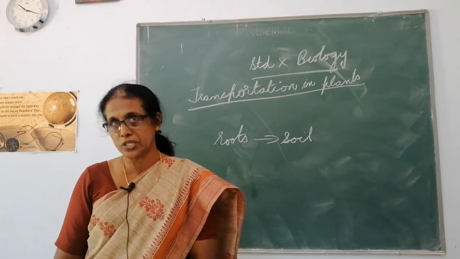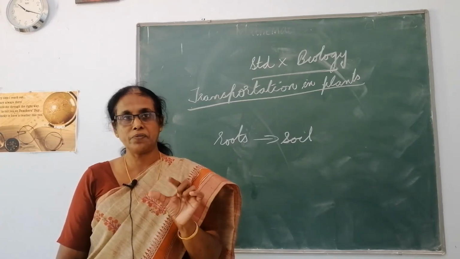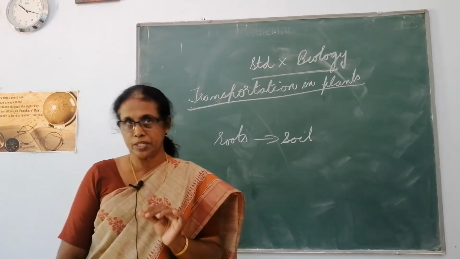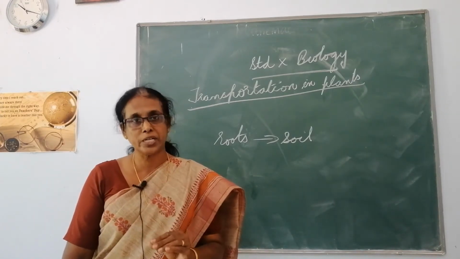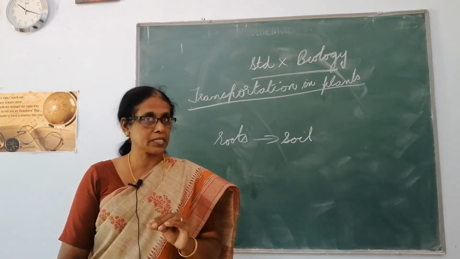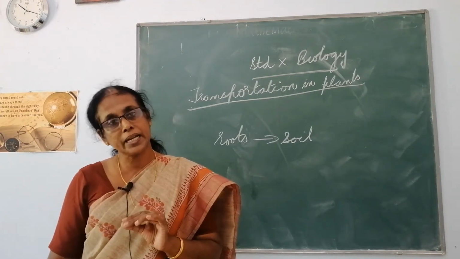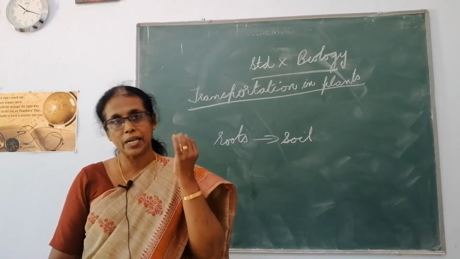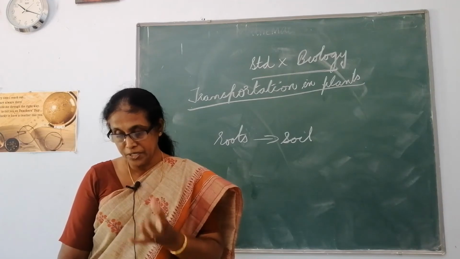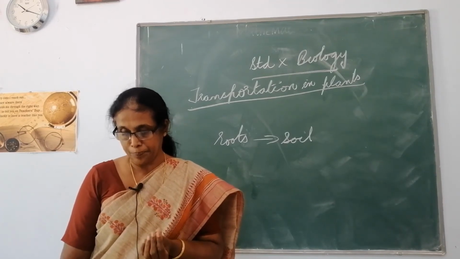I think you understood. If the distance between the roots and the leaves is small, as in small plants, diffusion is enough for transportation. But if the distance between the soil and the leaves is large, that means in larger plants, another energy system is needed there.